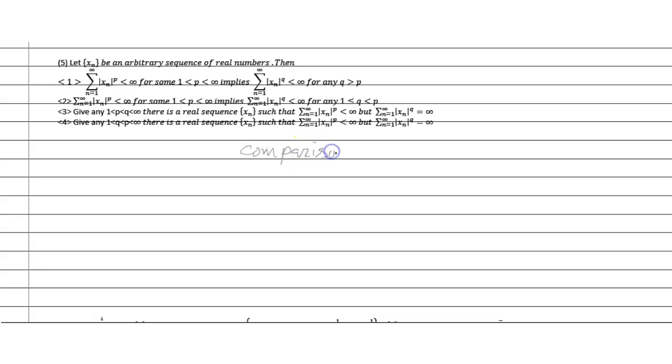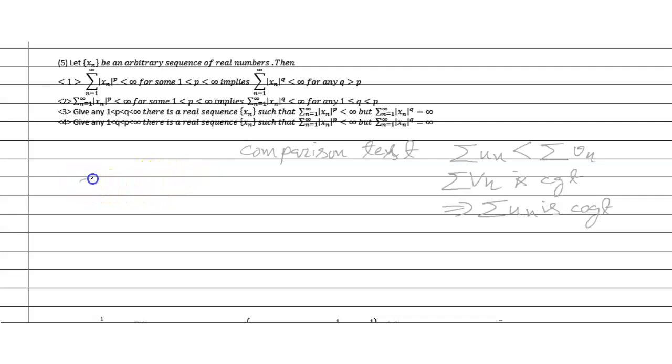Comparison test means if summation u_n is greater than summation v_n, and summation v_n is convergent, that implies summation u_n is convergent, because it is greater than, but the converse is not true.